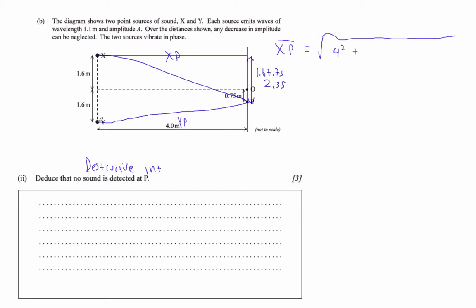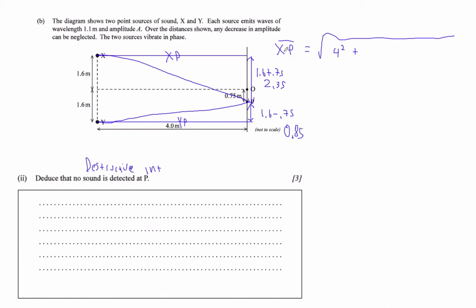And then, of course, this distance here is, isn't that 1.6 minus 0.75? So 1.6 minus 0.75 is 0.85.